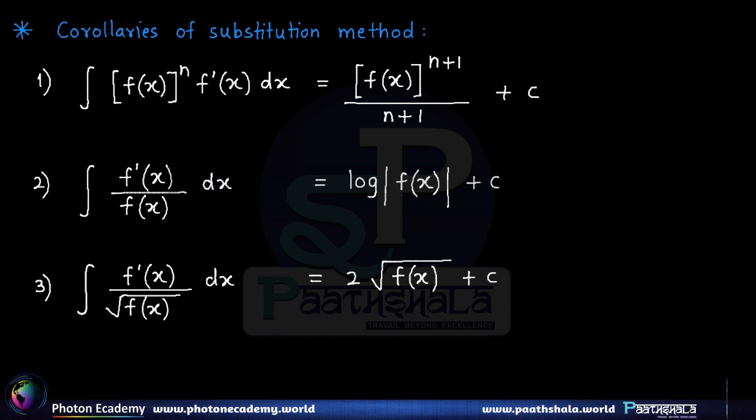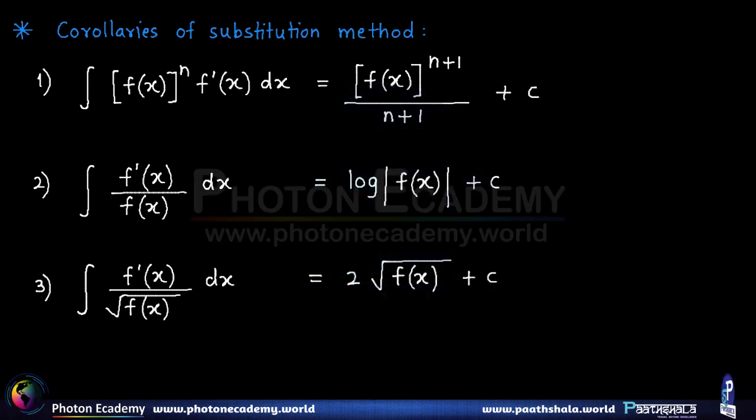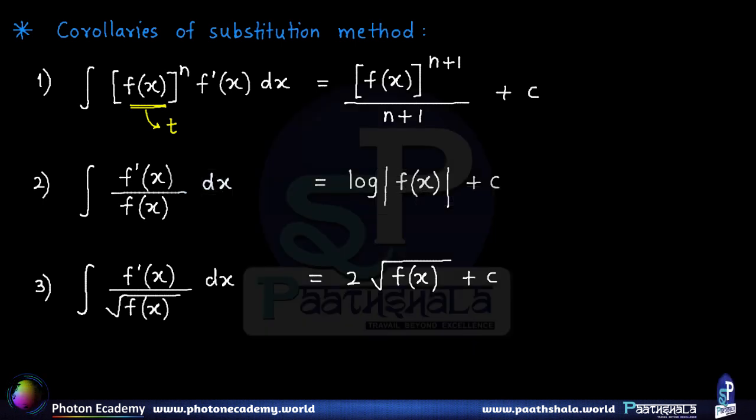Now here are a few corollaries of the substitution method. These can serve as examples also. Suppose we are to integrate first f of x raised to n multiplied by f dash of x dx, right? Let us assume that, for the time being, we call this function f of x as t. In that case, if we differentiate f of x equal to t, then by chain rule we will get f dash of x dx is nothing but dt, isn't it?